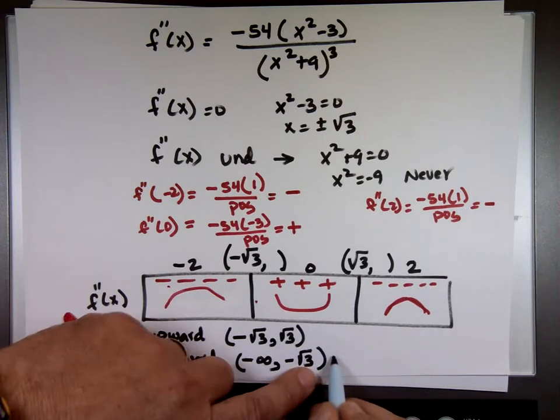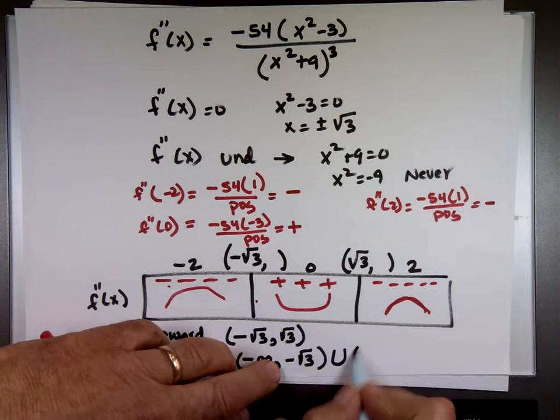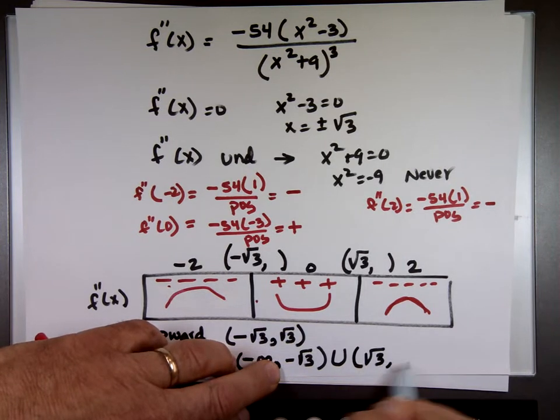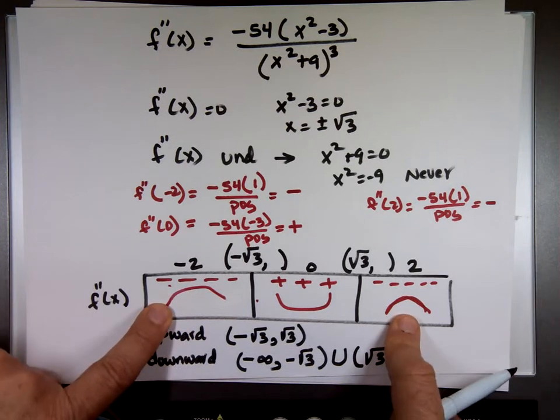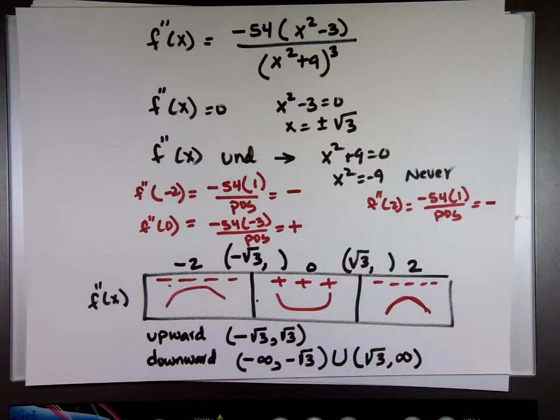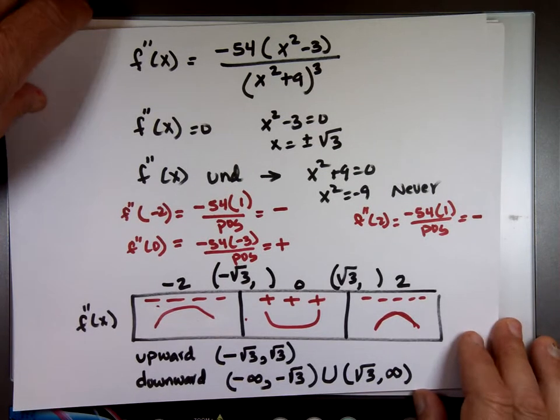Or add to it, that's the union in set notation, square root of 3 to where? Infinity. These two pieces. So that's number 6.